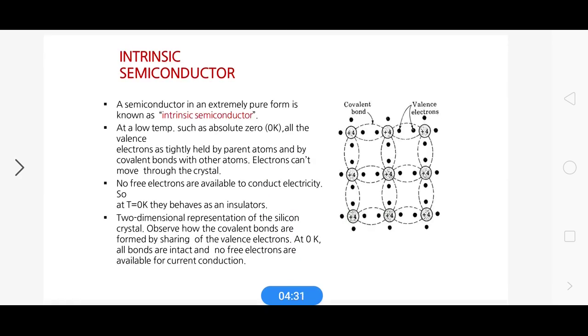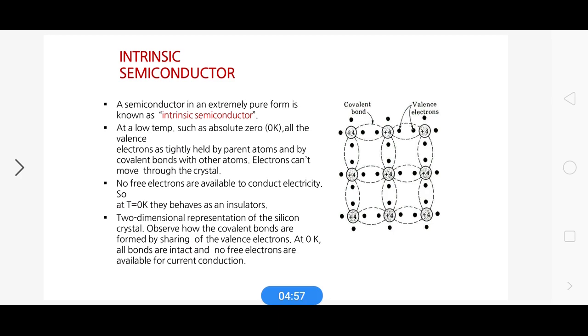Now, the intrinsic semiconductor. A semiconductor in an extremely pure form is known as an intrinsic semiconductor, meaning there is no presence of any impurities.